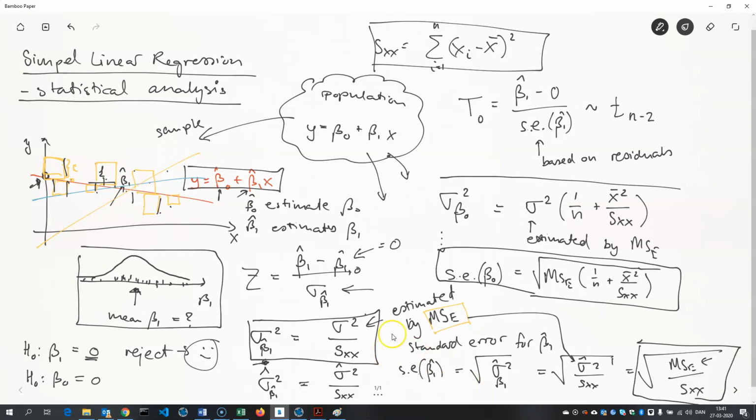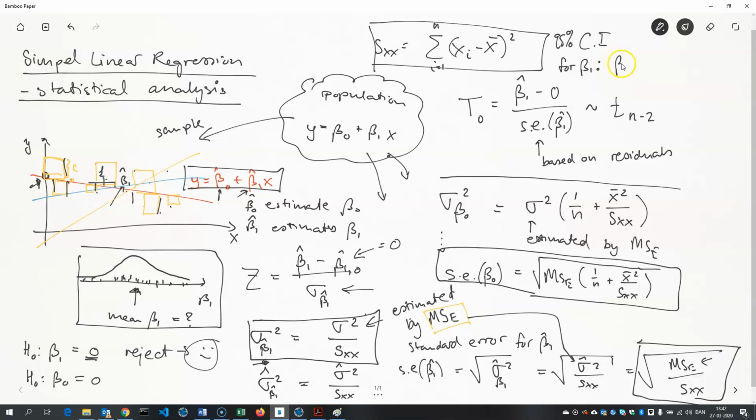Before I finish this video, I just want to say we also want to compute confidence intervals. Let's say 95%, that's the typical confidence interval. Let's say for beta 1. And the way we do that is, well, that's kind of standard procedure.